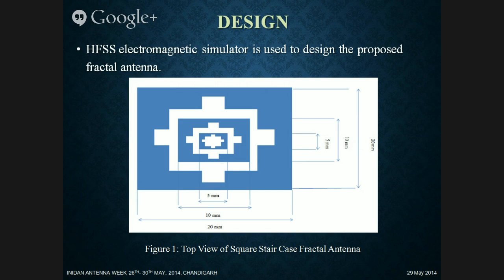As you see in the structure, from this to this is 20 mm by 20 mm, and the second structure is 10 mm by 10 mm. So the scaling factor is 1 by 2. Similarly, the third structure, which is 5 mm, the scaling factor from the previous structure is 1 by 2. So this is a fractal geometry.